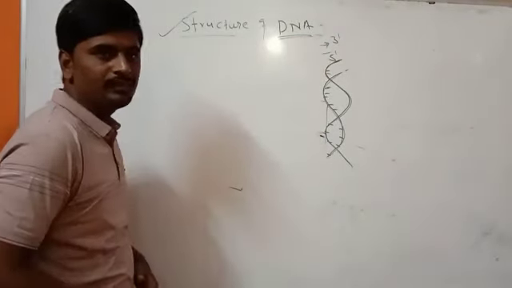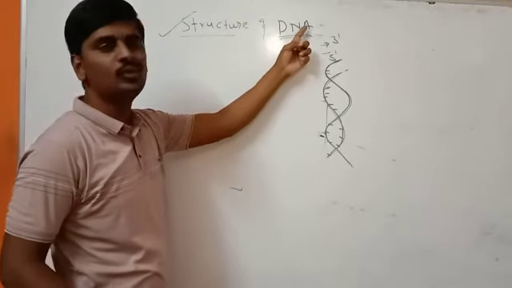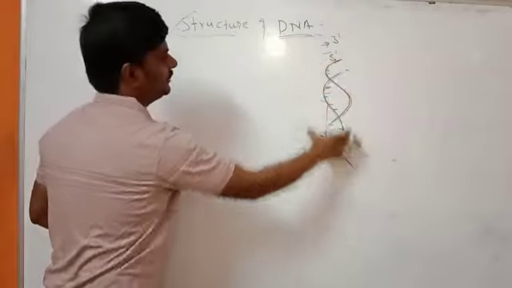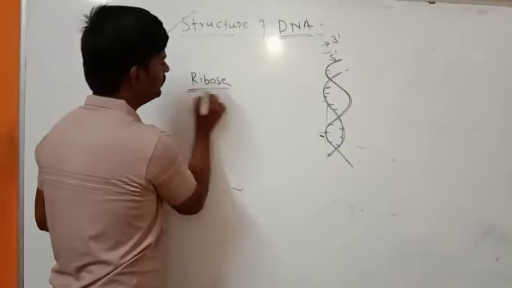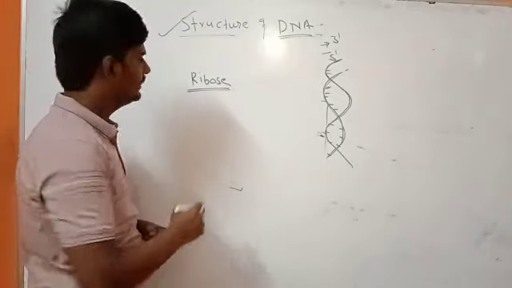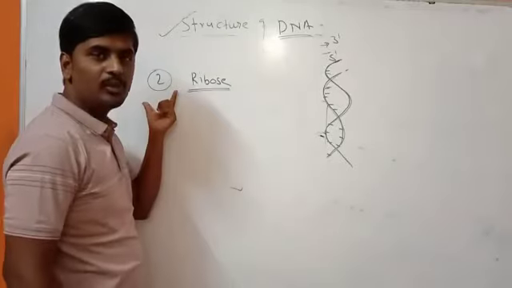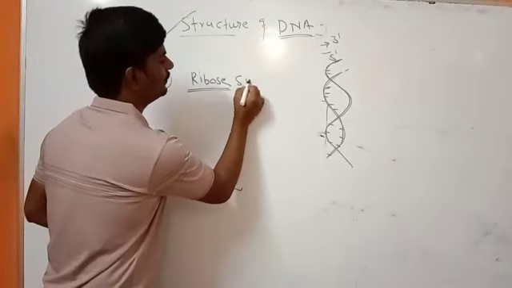When we see the long form of DNA, that is deoxyribose nucleic acid, it is clear that a ribose sugar is present inside the structure of DNA. We are going to learn the second component, that is ribose sugar.